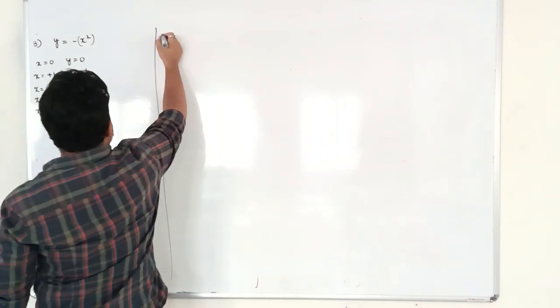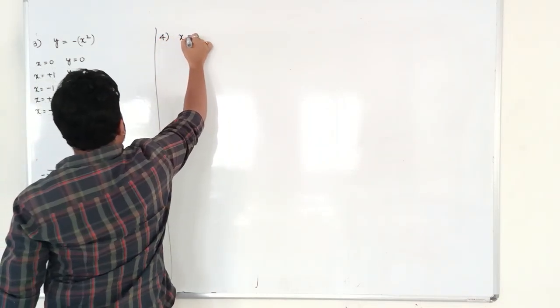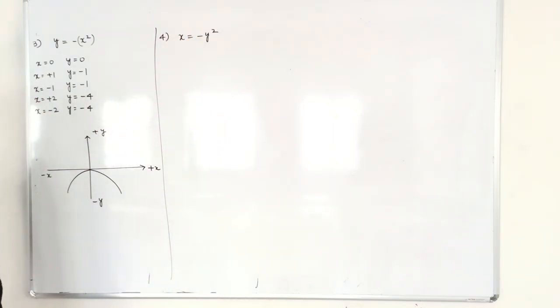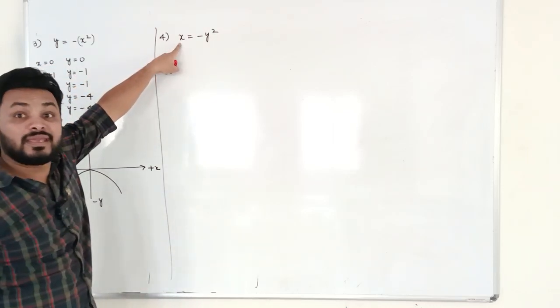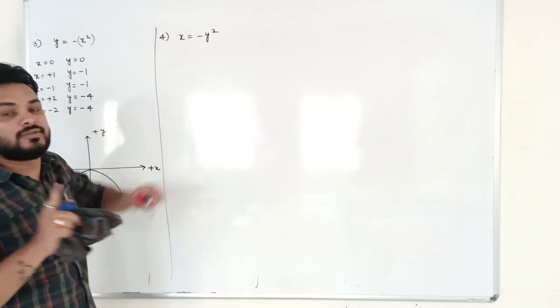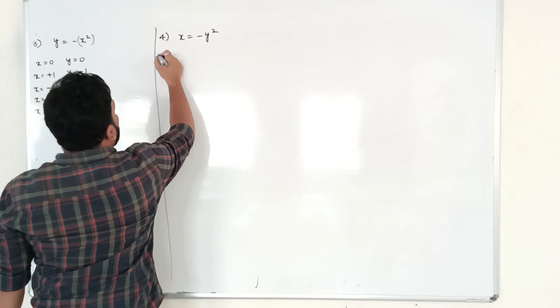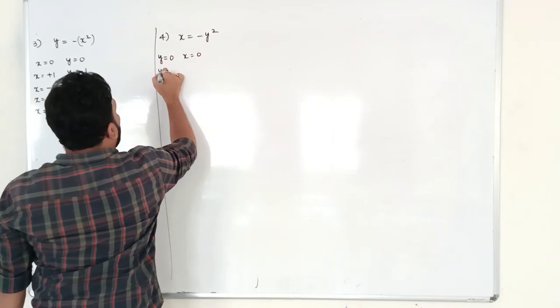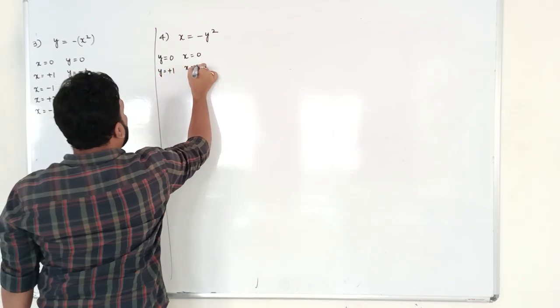Right? Now the fourth one, x equal to minus y square. You tell me how exactly we are getting. See here, y equal to minus x square means x may be positive, negative, but y we are getting always negative. Here x we have to get always a negative value. See here, how exactly we are getting. Suppose y equal to 0, x equal to 0. Y equal to plus 1, x equal to minus 1.